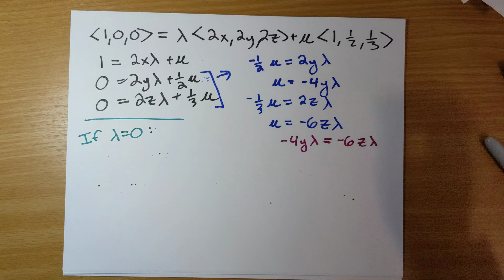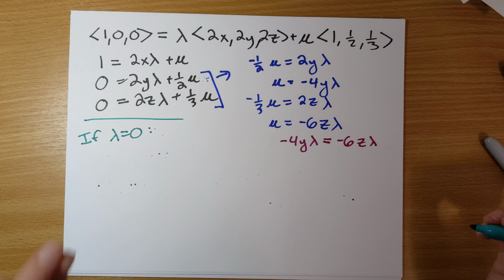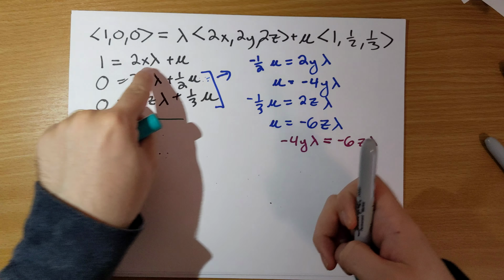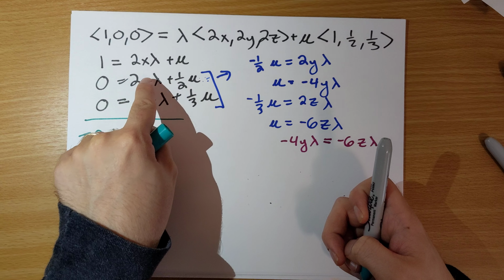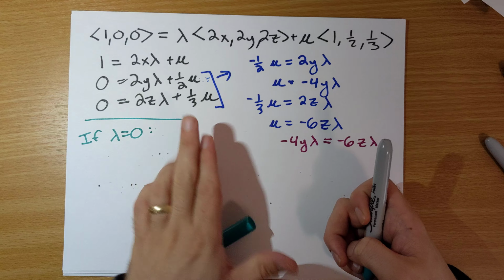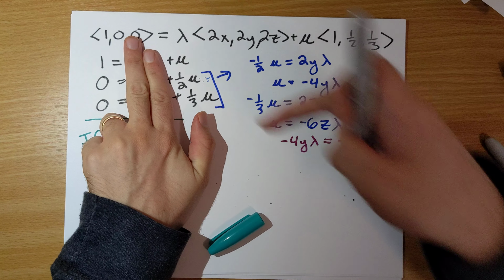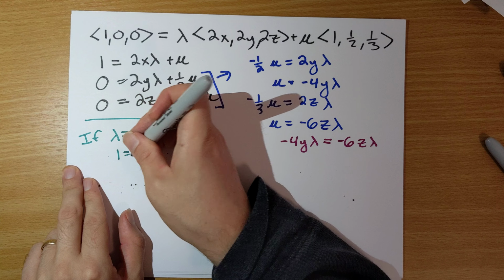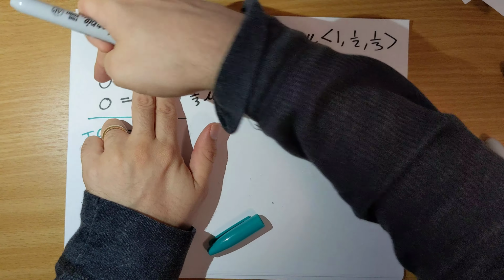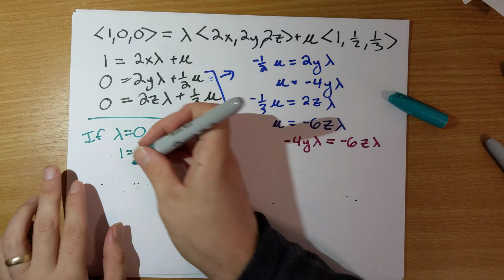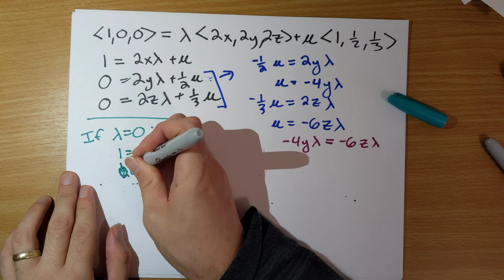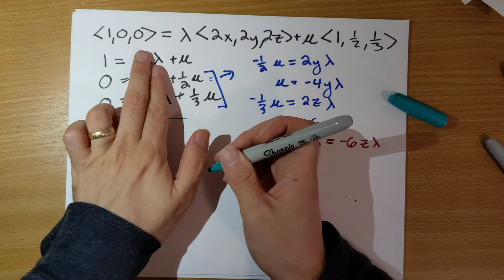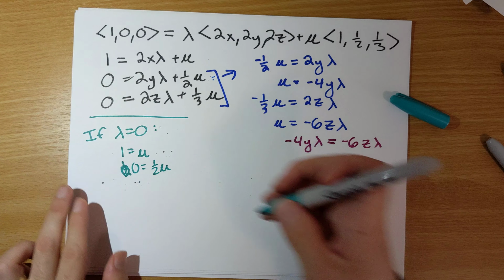Suppose that lambda is equal to 0. If lambda is equal to 0, this term here is 0, this term here is 0, this term here is 0. These all go away, and we end up with 1 is equal to mu, and 0 is equal to 1/2 mu, and 0 is equal to 1/3 mu.